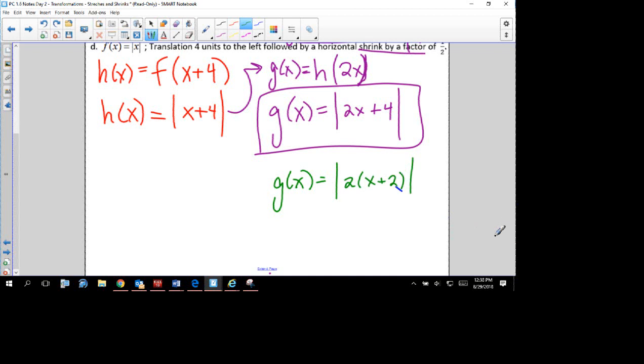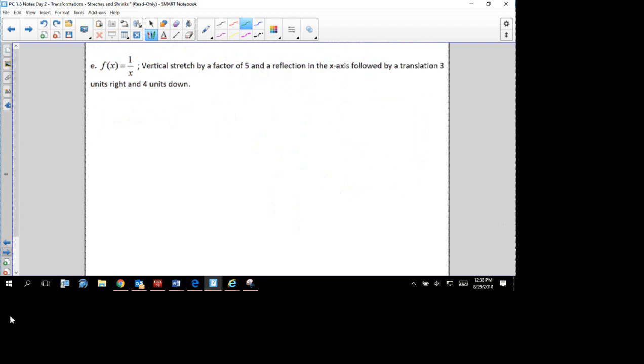Because we do multiplication before we do addition. That's why it looks different, but I promise it'll be like the same equation. And I don't think I'm going to ever have you do graphing with this. I think it's just processing kind of separately.